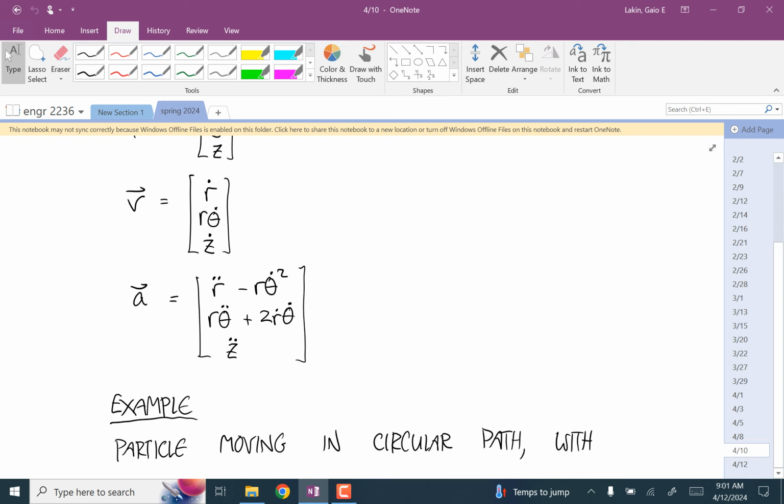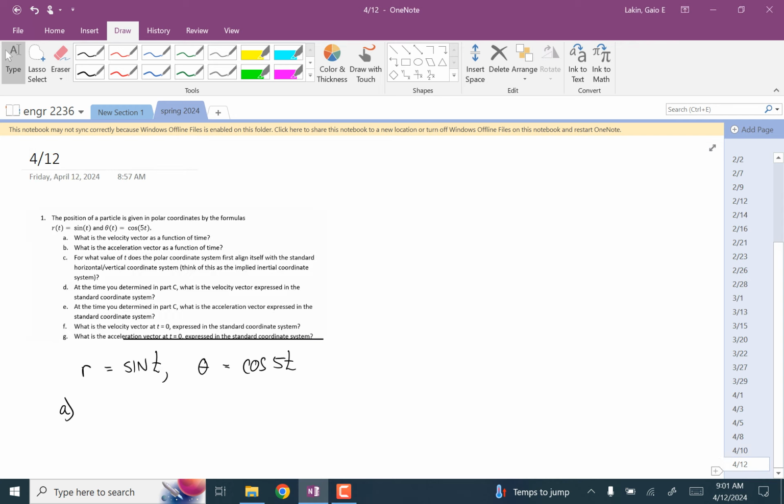All right, I had to cheat for a second. Okay, so what's the velocity of this thing as a function of time?